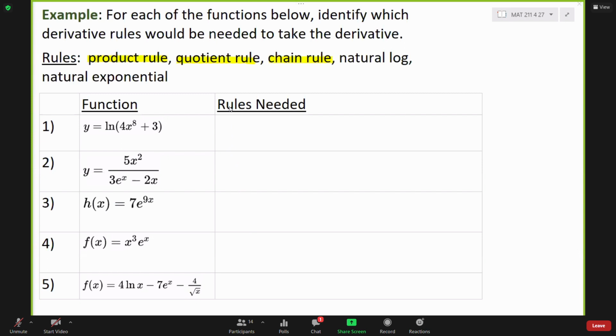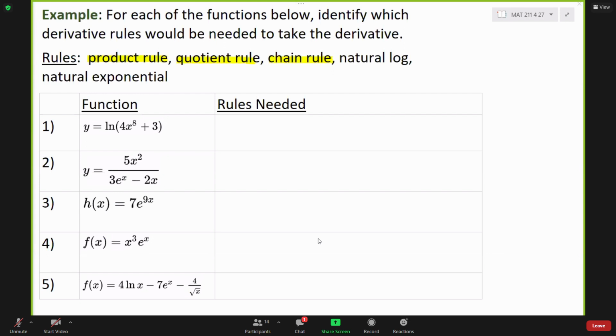About 15 more seconds. Okay, I am ending the poll.